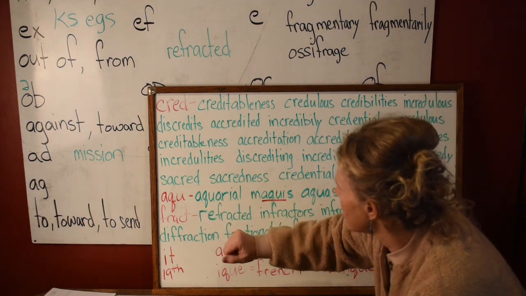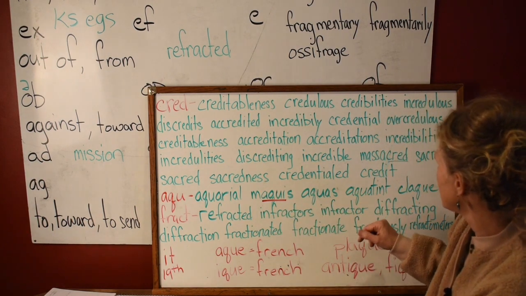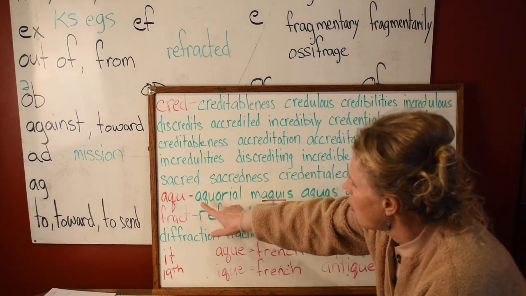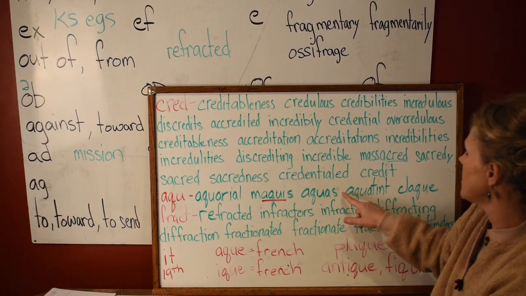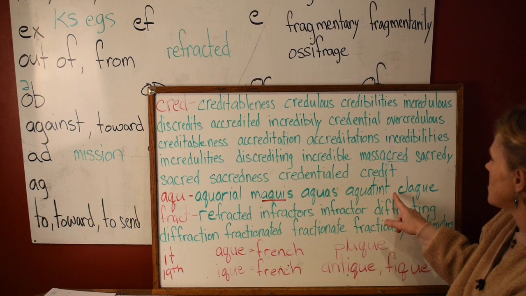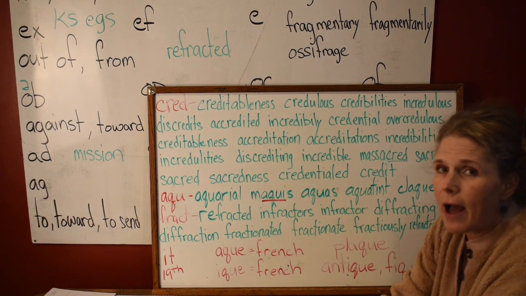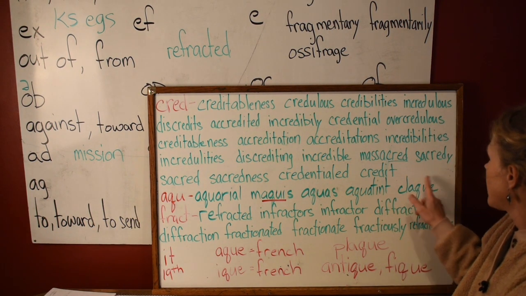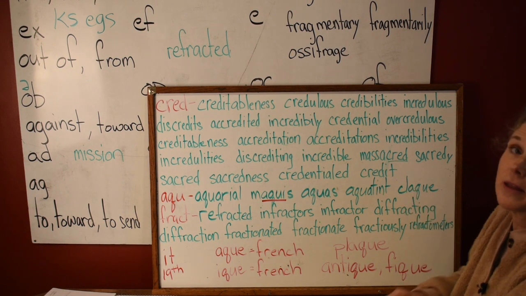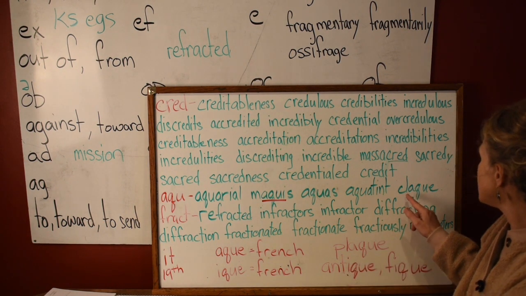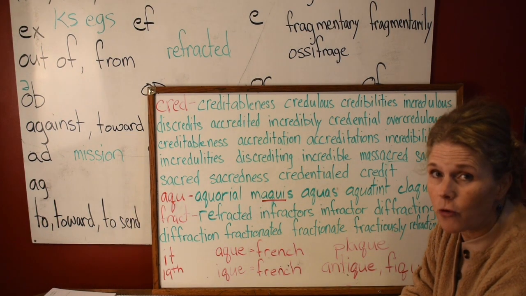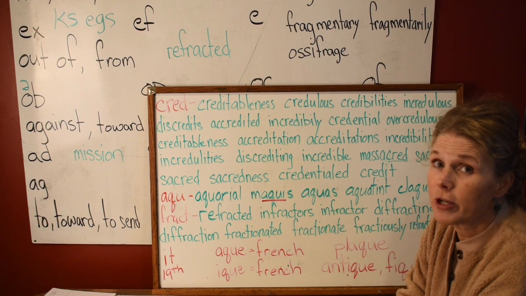See how this one says aquarial, and this one says acquaint. So this one has the O sound, and this one has the schwa sound. Aquarial, acquaint. Okay, so when you have a French word, and I put this in here because AQU, you would think, oh man, that's water, but it's not. If you have AQUE, especially if it's sitting at the end of a word, you most likely have a French word.